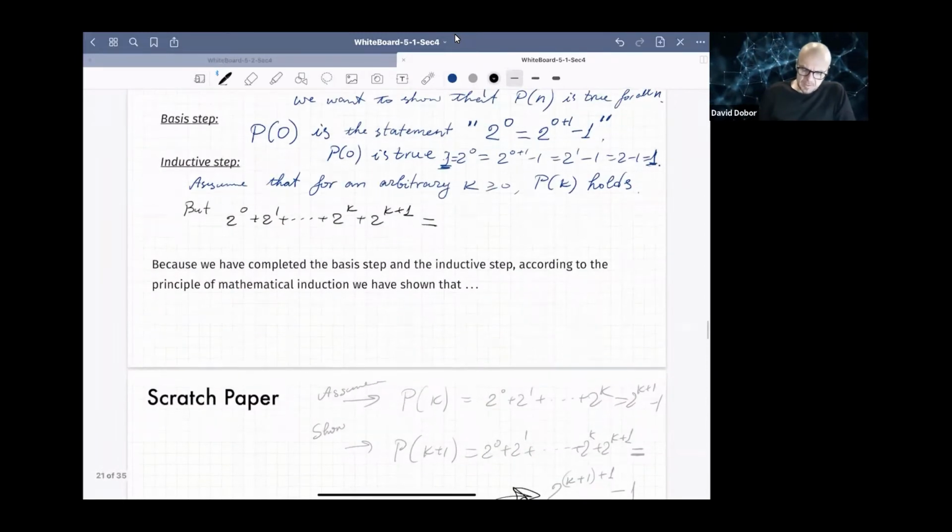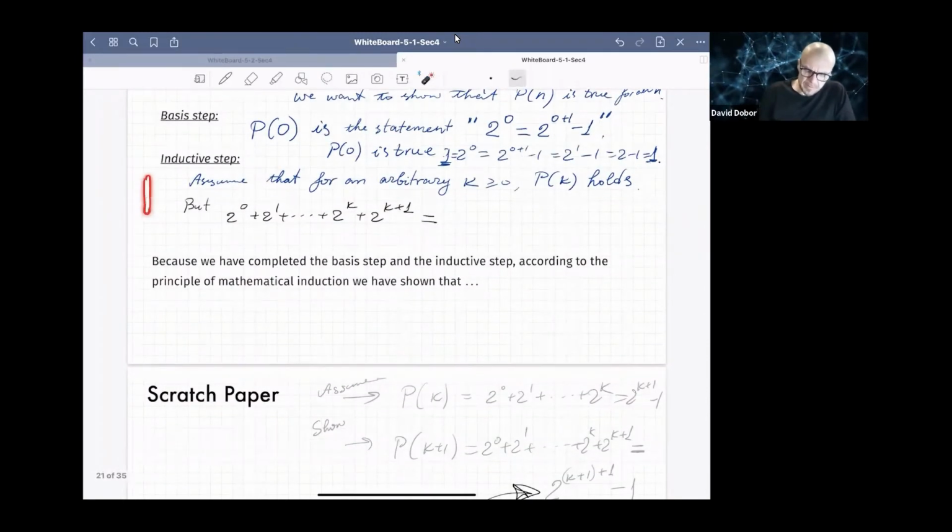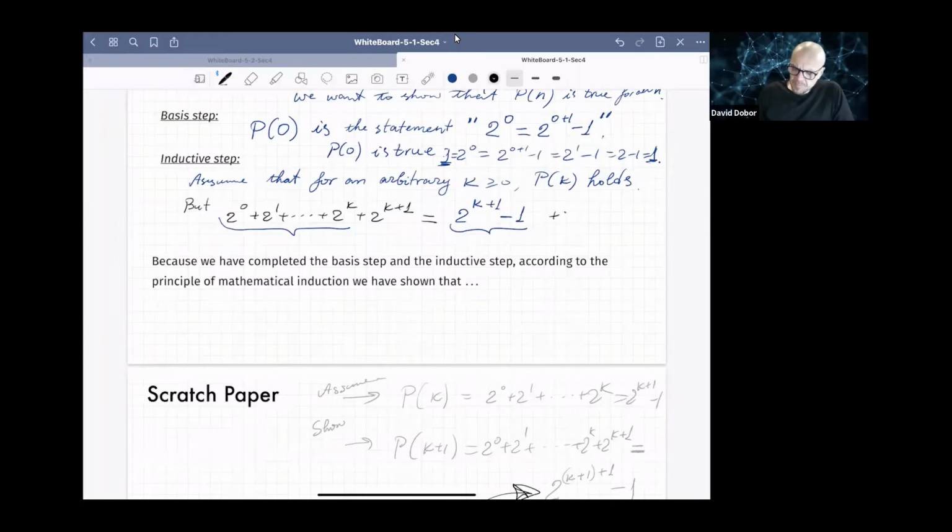So this is my clean write-up. What should I say? Because of the inductive hypothesis, the blue piece here is going to be 2 to the k plus 1 minus 1. That's the blue piece. And then I have this term, 2 to the k plus 1.